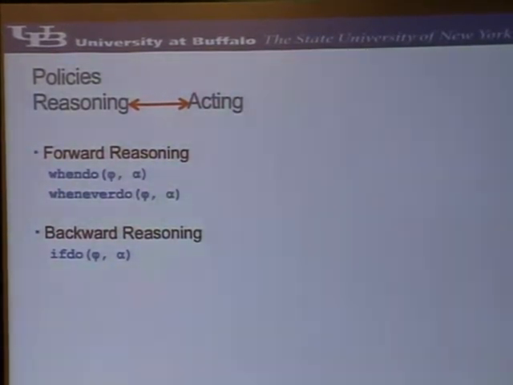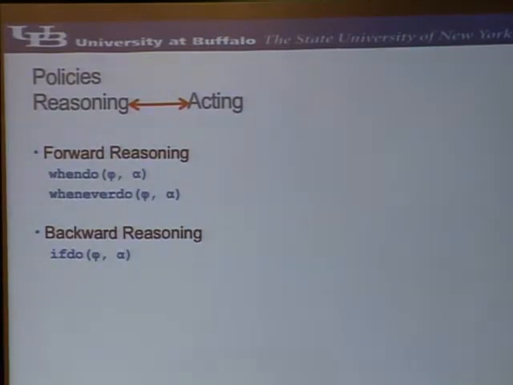Then there are policies, which I've mentioned before, and policies are one way of connecting reasoning to acting. The first two are triggered by forward reasoning. When do phi alpha means that when the agent believes that phi holds, it is to perform alpha, and then unadopt this policy.